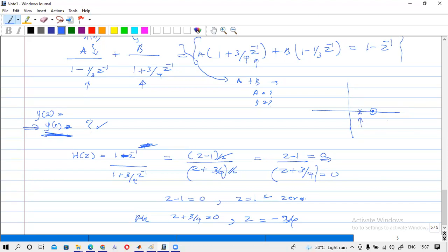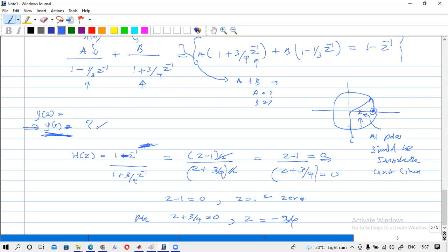Now if you draw a unit circle like this, if all poles are inside the unit circle, we call that the system is stable. So all poles should be inside the unit circle.